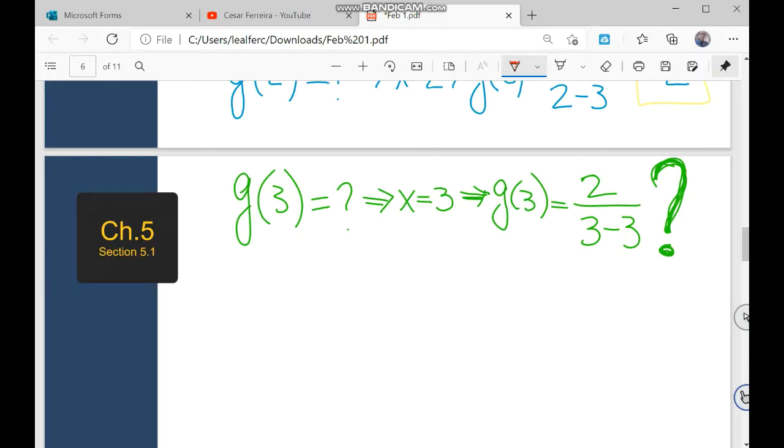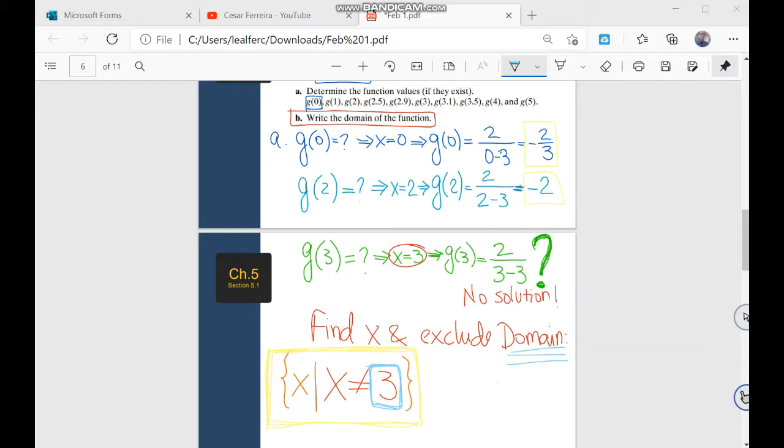Would it be just 2? Maybe, Chiara, let's think about it. We are dividing 2 by 0. And the answer, usually when you have something like that, is the... So questions about it? Can you see that we cannot have the denominator equal to 0? It will produce no solution, not a real number.